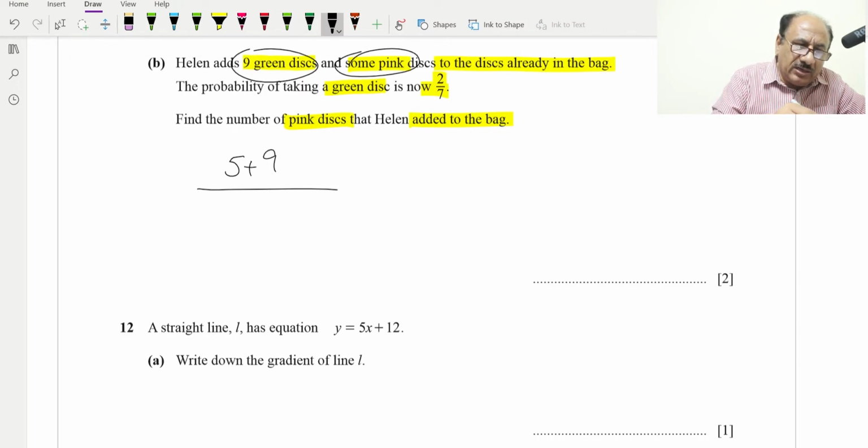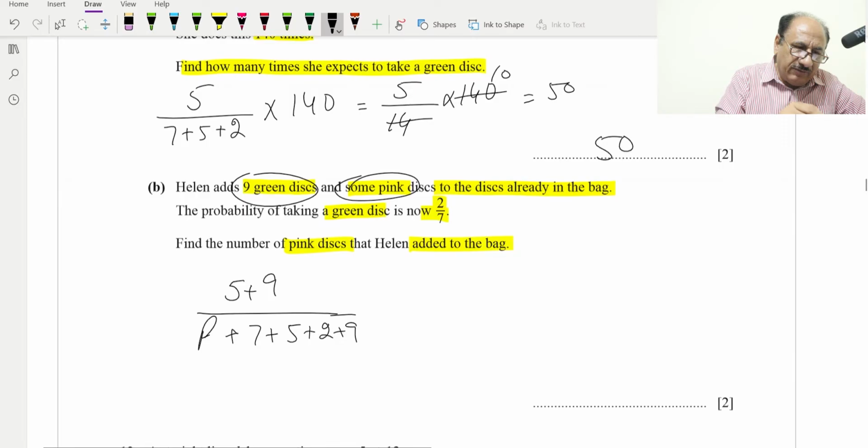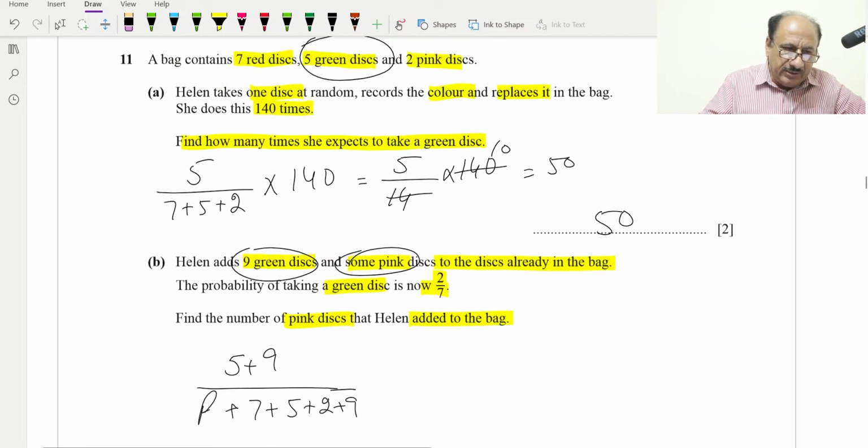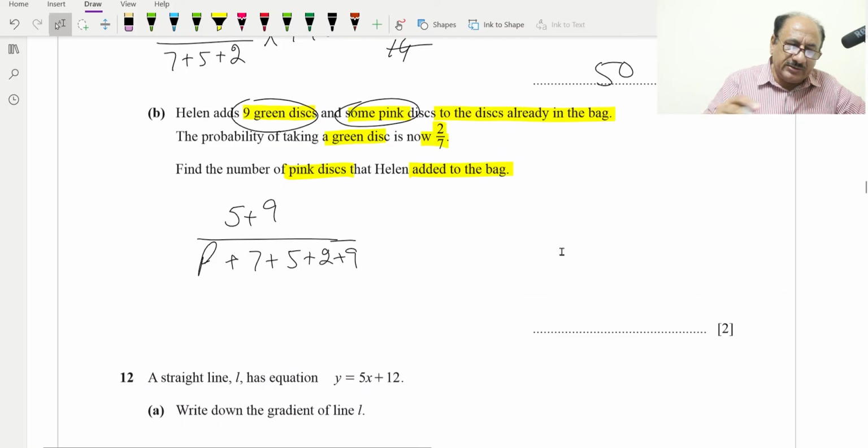Some pink discs are added, so we can say that, for example, p pink discs are added, plus 7 plus 5 plus 2 plus 9. This is basically 7 plus 5 plus 2, which we already know are there: 7 are red discs, 5 are green discs, and 2 are pink discs, and 9 green discs are further added.